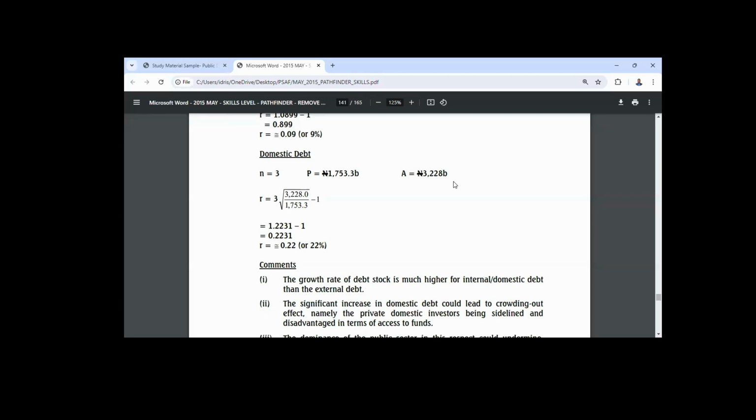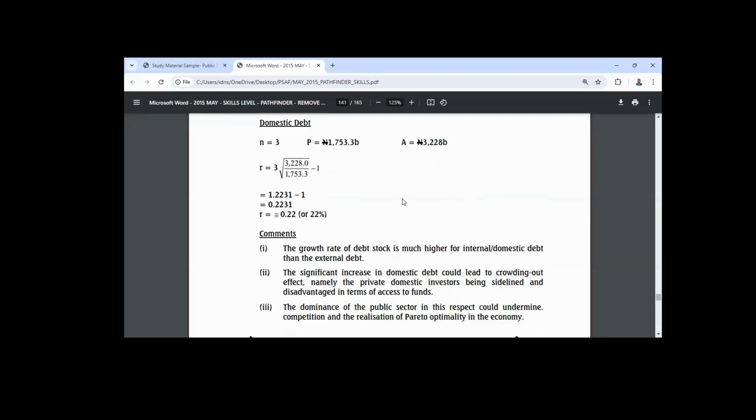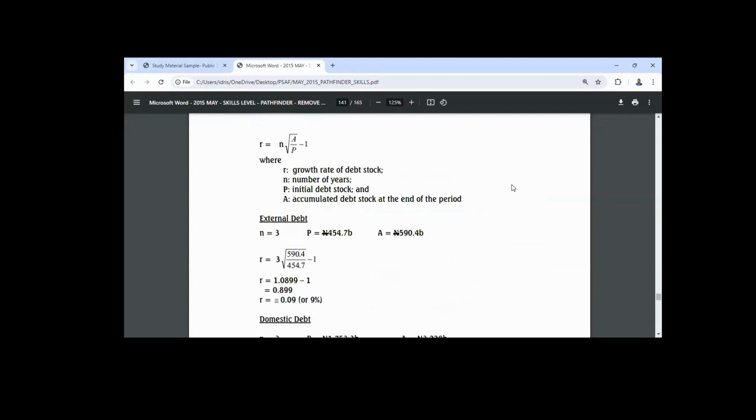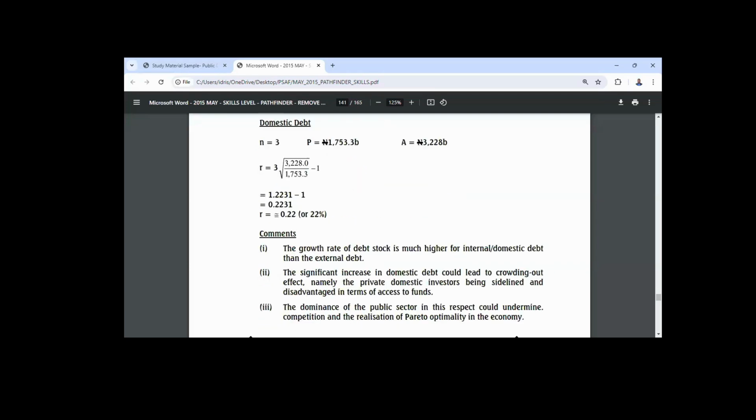The same point you made in part A is what you are still going to make in part B of the question. When the internal debt growth rate increases, there will be crowding out effects. When the debt ratio increases, you look for the causes of the increase. If it is internal debt, there will also be crowding out effects.